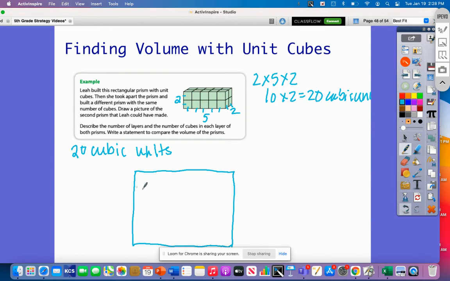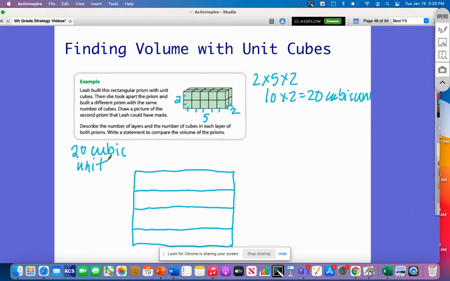So I'm going to arrange them in layers. Let's say I'm going to have 4 layers. I know that I need 20 cubic units.